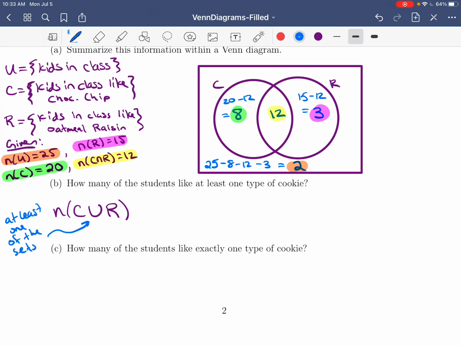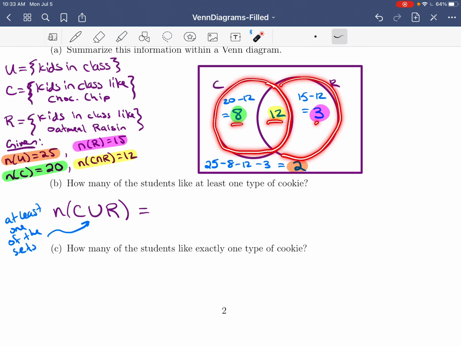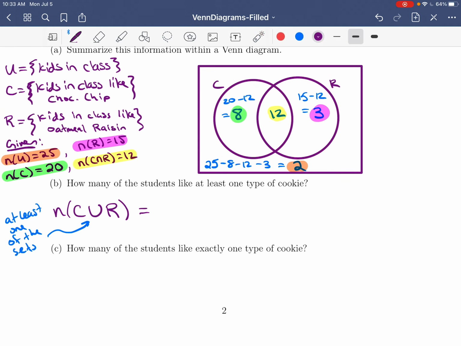If you think about what the union set would be shaded, we would shade all of C and then all of R. So I could add those 3 numbers together. So this is 8 plus 12 plus 3, so that's going to be 23.